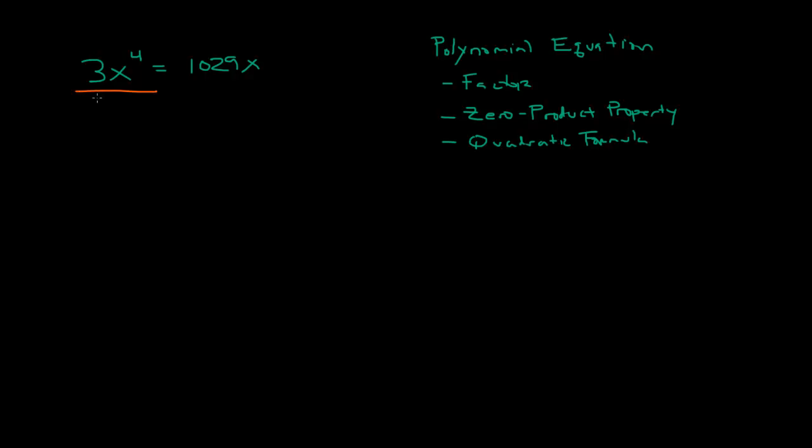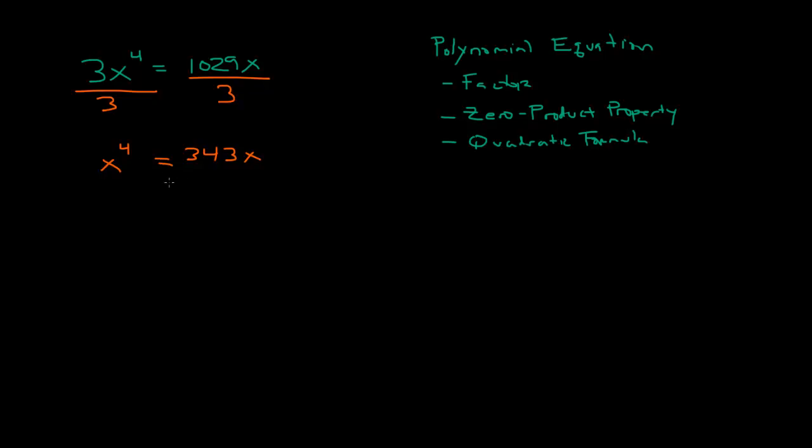1029 divided by 3 is 343. So if we divide by 3 and divide by 3, we could rewrite this as x to the fourth equals 343x. Okay? And now, as with most equation solving, you want to get everything on one side.